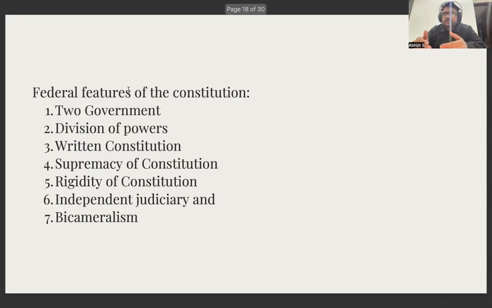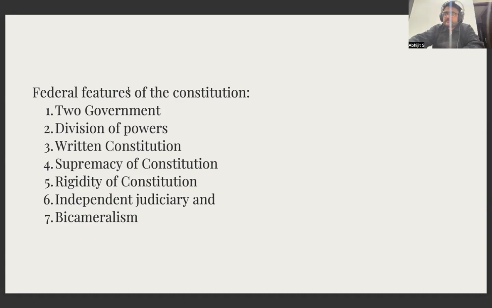Now let's discuss what these federal features are. The federal features are that you have two governments, a government at the center and governments at the state levels. Division of powers between the center and the state, where you have three different lists: the union list, the concurrent list, and the state list, where the center would enact laws on items in the union list.